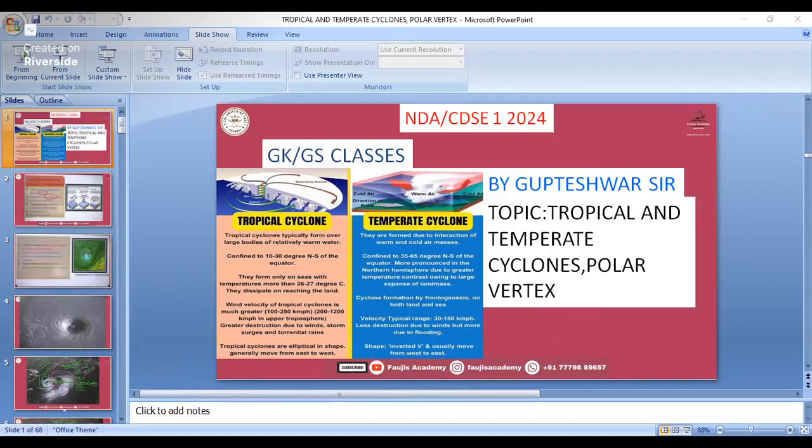See, now in this diagram, if you draw the equator, we have 0 degree, then we have 30, 60, and then the north pole. So here, what is happening? We have the temperate cyclone from this part only. Here cold air is coming down, warm air is going up. When warm air is going up, there is a formation of front, and cold air will occupy all these places.